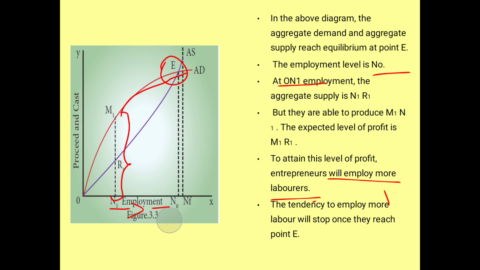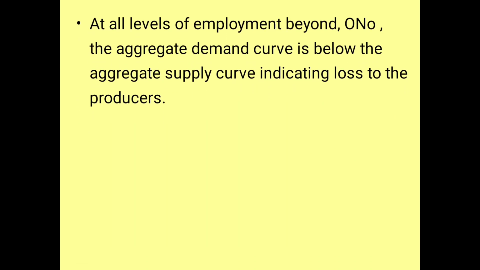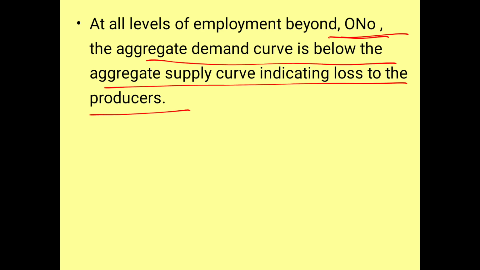So we have employed up to ON level of labor. That is, we have given employment to ON level. So we have achieved the equilibrium point where aggregate demand intersects aggregate supply. Now, at the level of employment beyond ON, what happens? The aggregate demand will be below the aggregate supply and it will start losing.